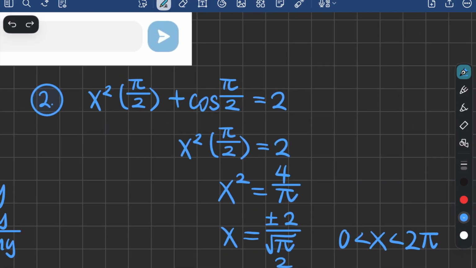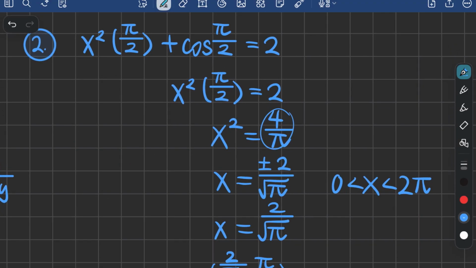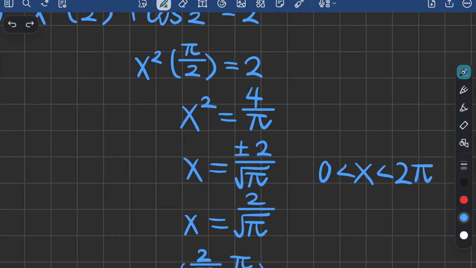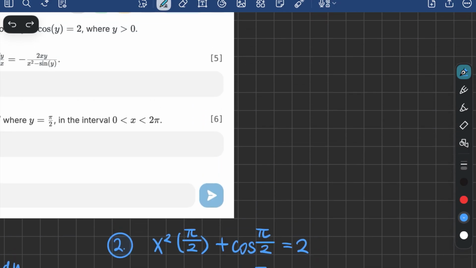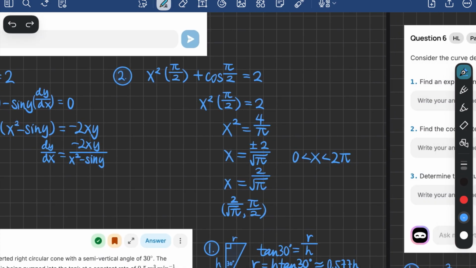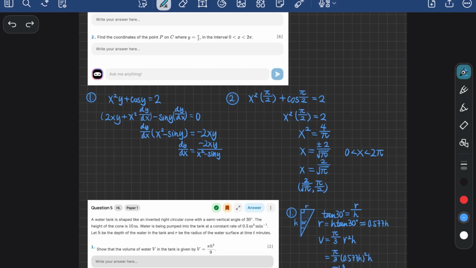After doing that, you notice that cosine pi over 2 is just 0, so this thing equals 2, and x to the power of 2 equals this. So x has 2 possible solutions, but we want only this domain, so x can only be positive, and we just write out this coordinate eventually.